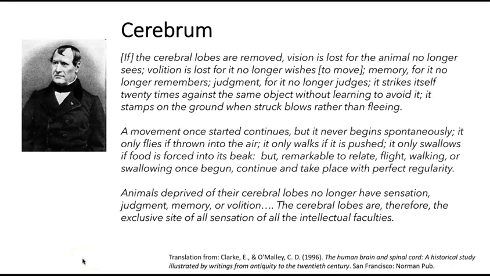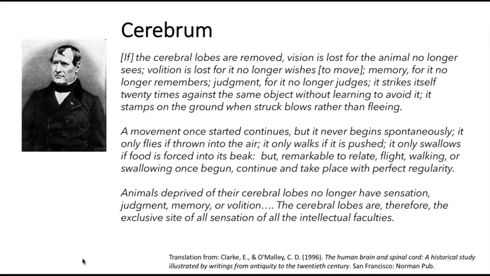He said, "If the cerebral lobes are removed, vision is lost, for the animal no longer sees. Volition is lost, for it no longer wishes to move. Memory, for it no longer remembers. Judgment, for it no longer judges. It strikes itself 20 times against the same object without learning to avoid it. It stamps on the ground when struck blows rather than fleeing. Of movements once started continues, but it never begins spontaneously.